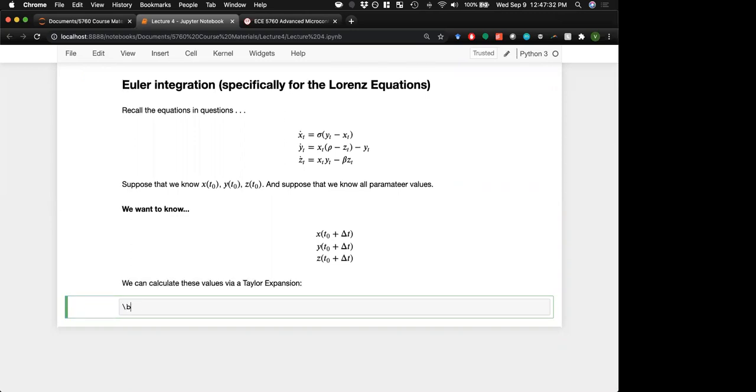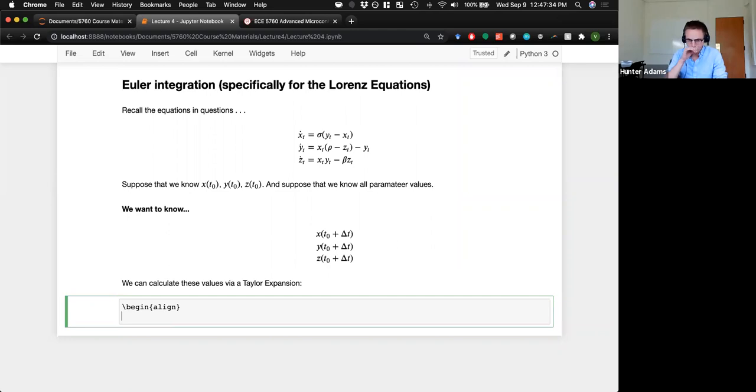So we know that it's the same for all of them. So just to save time, I'll just consider x. So we know that x at t0 plus some delta t is exactly equal to the sum of an infinite number of terms. So the first in that infinite series of terms is x at t0.